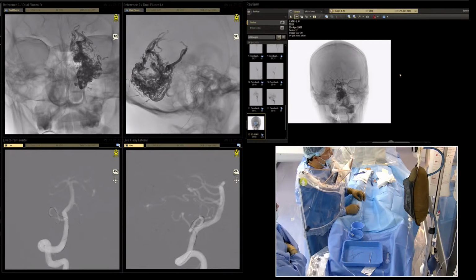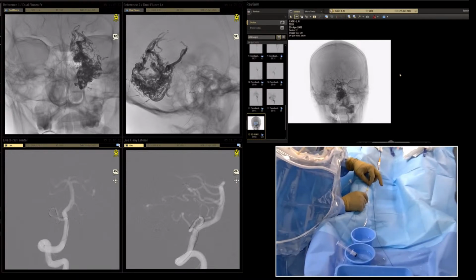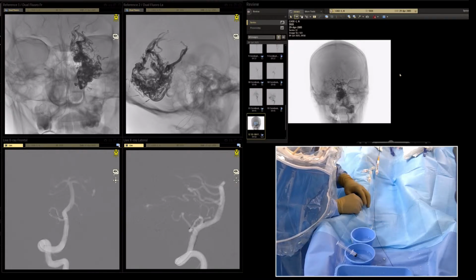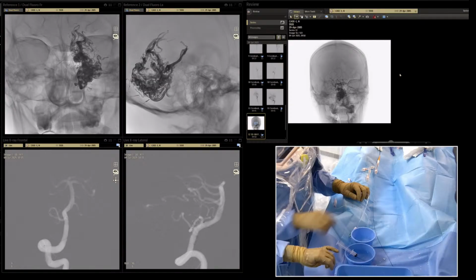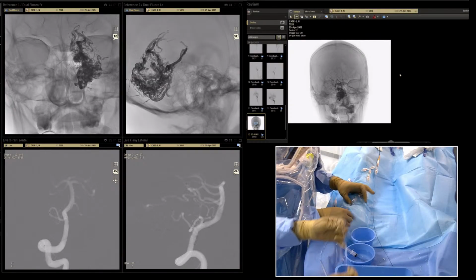I think there is some small branch, that's why it's sticking at the orifice. Usually it's like this. Okay, now we can send. Now it will go. And the Headway Duo has no angulation, that's why this small branch stuck and could not go. Okay, let's observe. Yes, we have flushing for the Hybrid, for the Headway Duo.